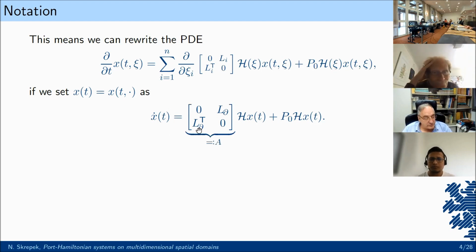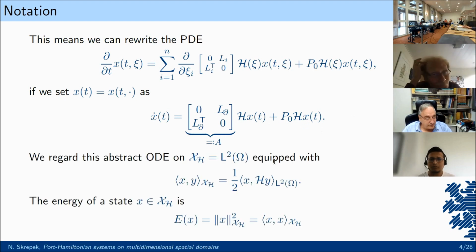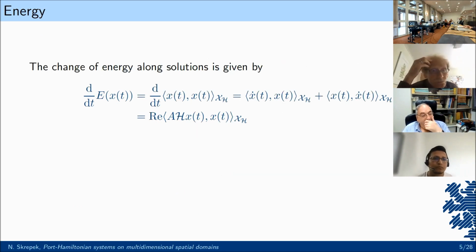Okay, we define this differential operator as A, and we give another inner product on our state space L2, which is the energy inner product, which gives us the energy norm. And we have a further constraint, and we want our solutions to be non-growing in the energy, which is somehow physically meaningful. Okay, so the change of energy along a solution is given by the following equation.